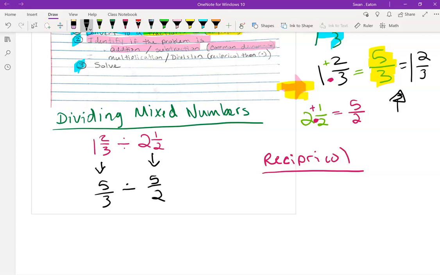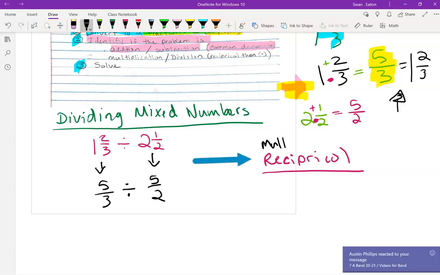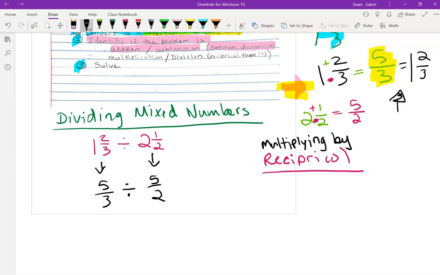So I'm going to put my division sign, and all division is multiplying by the reciprocal. So I'm going to write that here, multiplying by the reciprocal. And I wanted to make sure you guys saw the word over here. So here we need to multiply by the reciprocal.